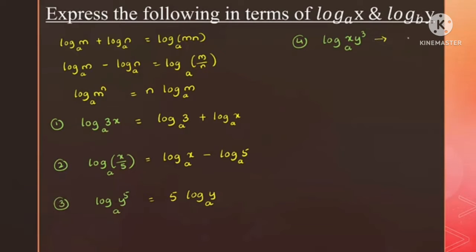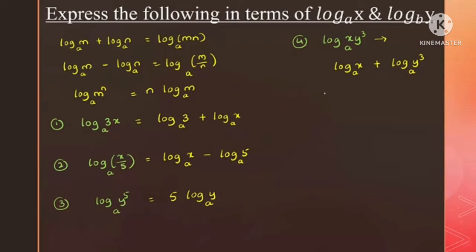See here, this is x into y cube. This is of the product form. So we can use the additive identity. So I can write it as log x to the base a plus log y raised to 3 to the base a. First rule of logarithm, additive identity.